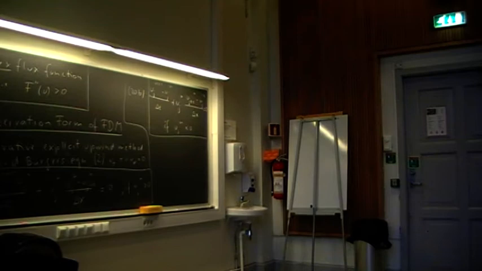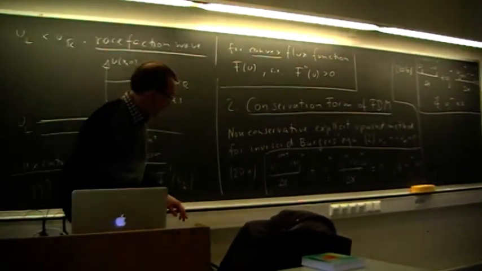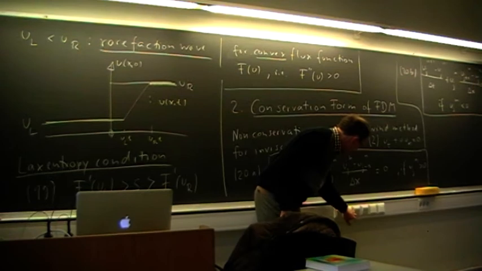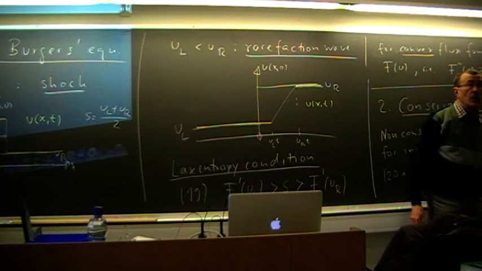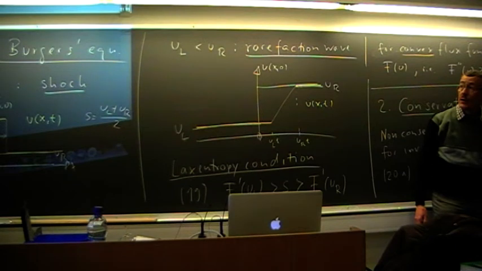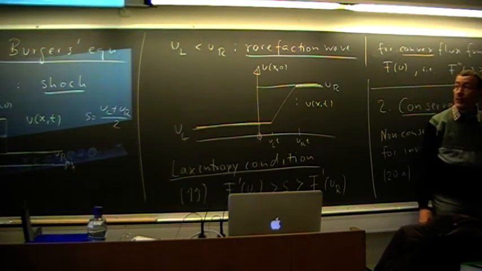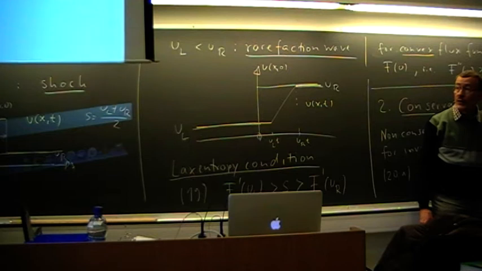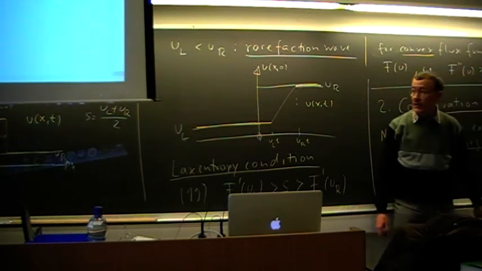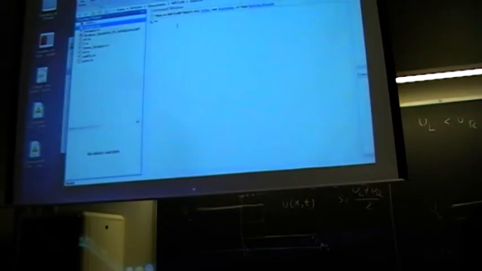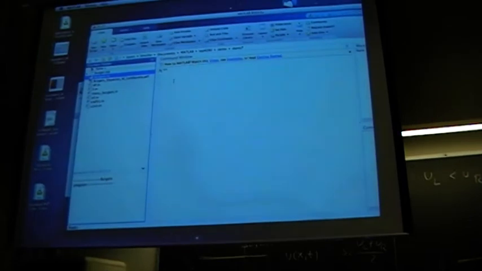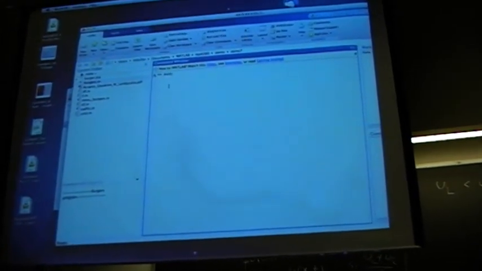So we look at the code that you got from Radar. With Burgers, we have a menu, and here comes up a menu. So we now choose the discretization with the non-conservative upwind method.